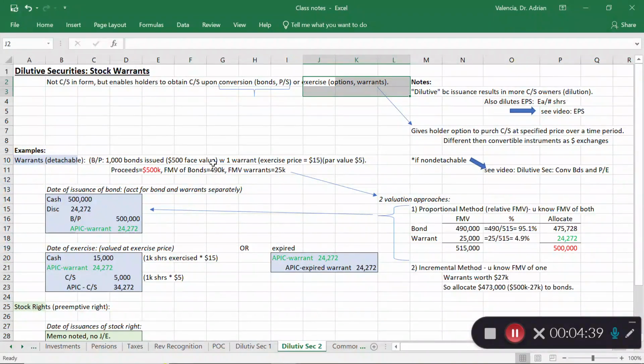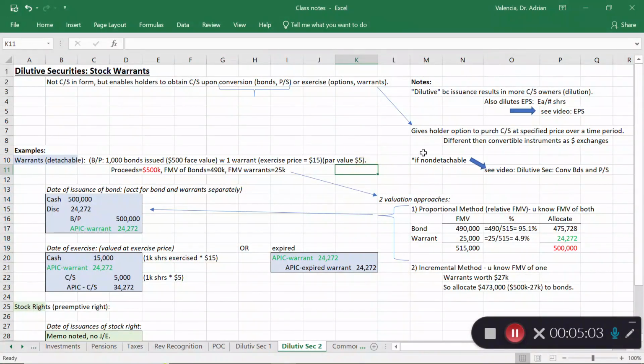And I have a little note here. It says if the warrant or option that you have is non-detachable, then it just follows the same rules of convertible bonds and preferred stock. So that's why I say here, see that video on dilutive securities, convertible bonds, and preferred stock.